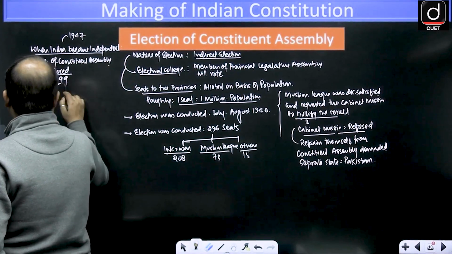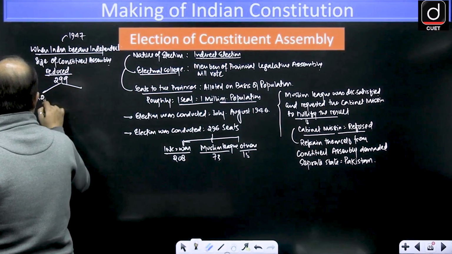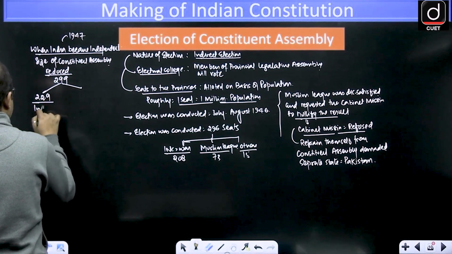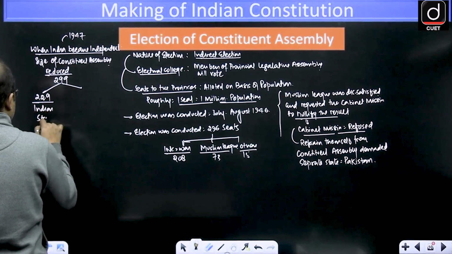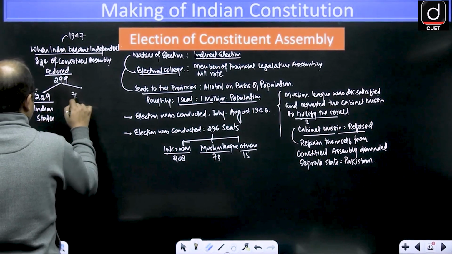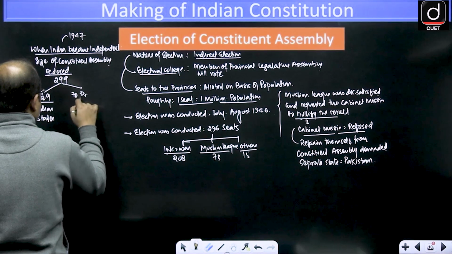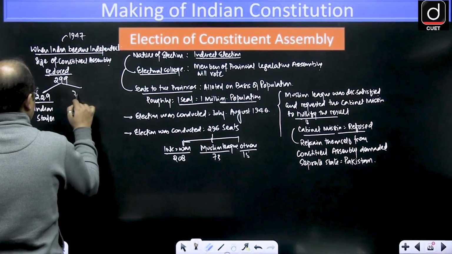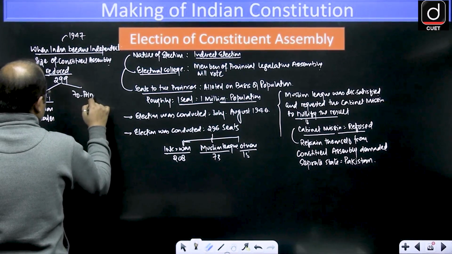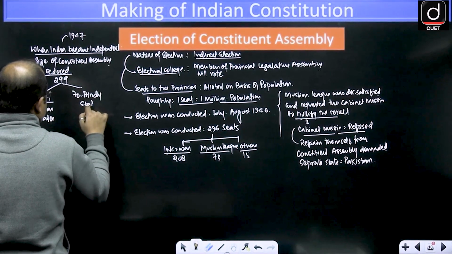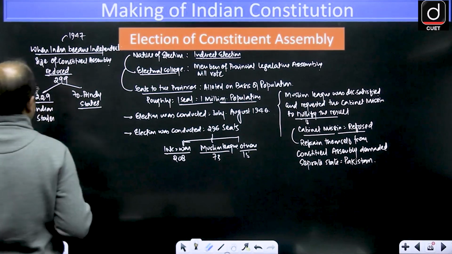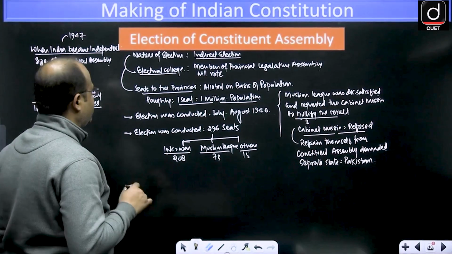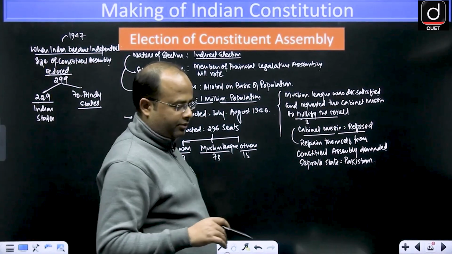And out of this 299, 229 were from Indian provinces and 70 were from princely states. So this is how the size of the Constituent Assembly got reduced.